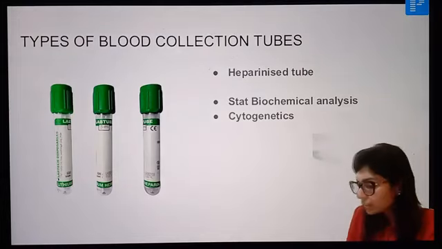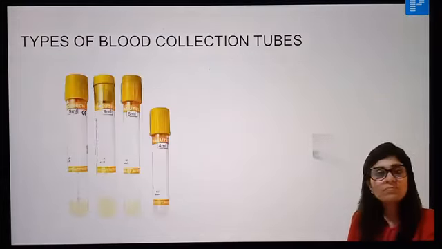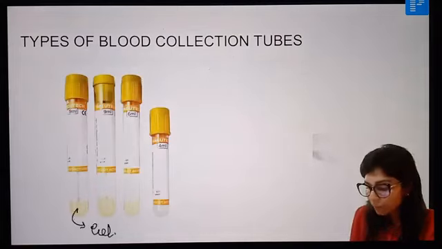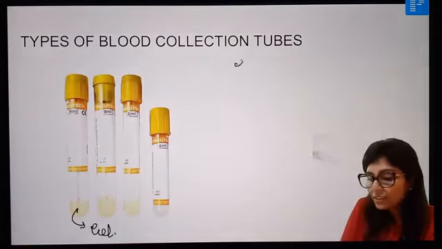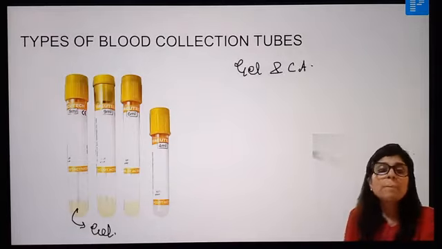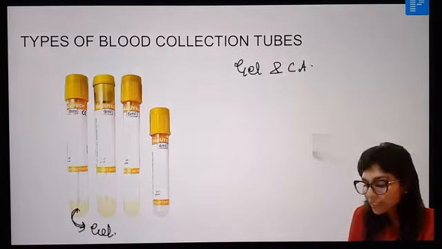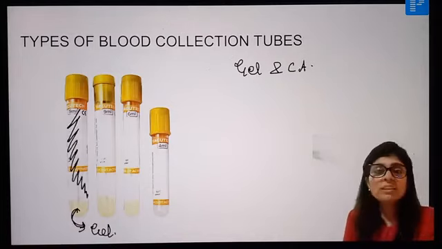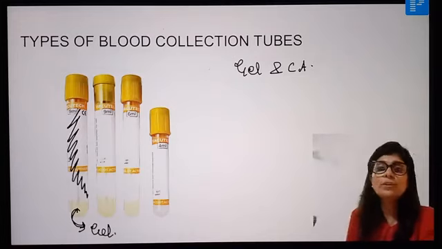Okay, the last one is yellow. Okay, this is a yellow top tube. Do you see a gel at the bottom? So what is this tube called? This tube is called a gel and clot activated tube. Meaning this tube has got a gel in the bottom that is sprayed with a clot activator. Okay, so when will you use this and how will you use this?